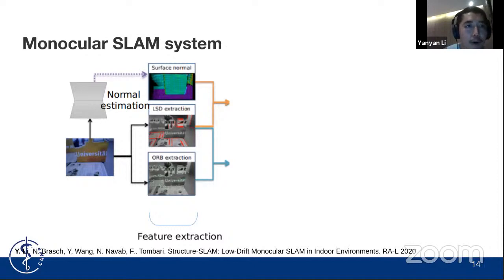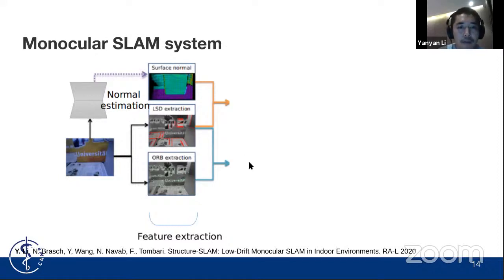You can see this is a monocular SLAM system. From every single RGB view, we can extract LSD and other features.